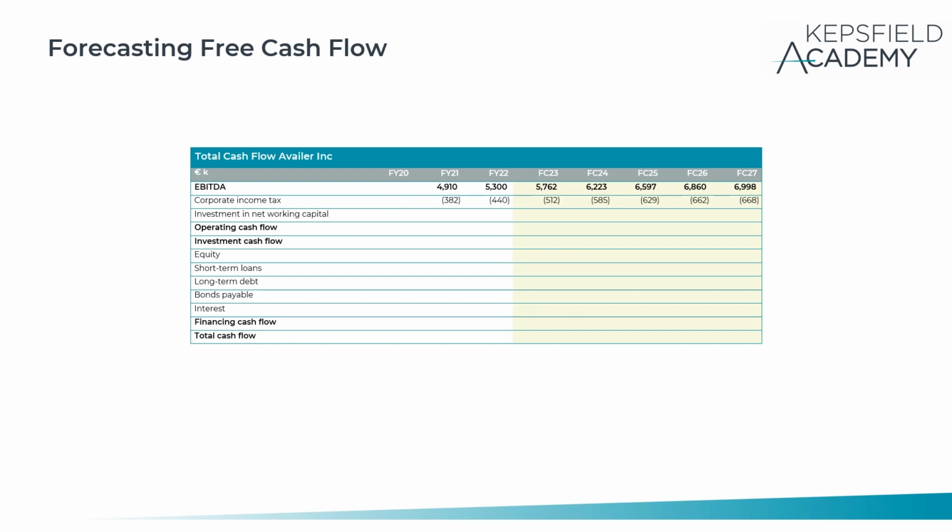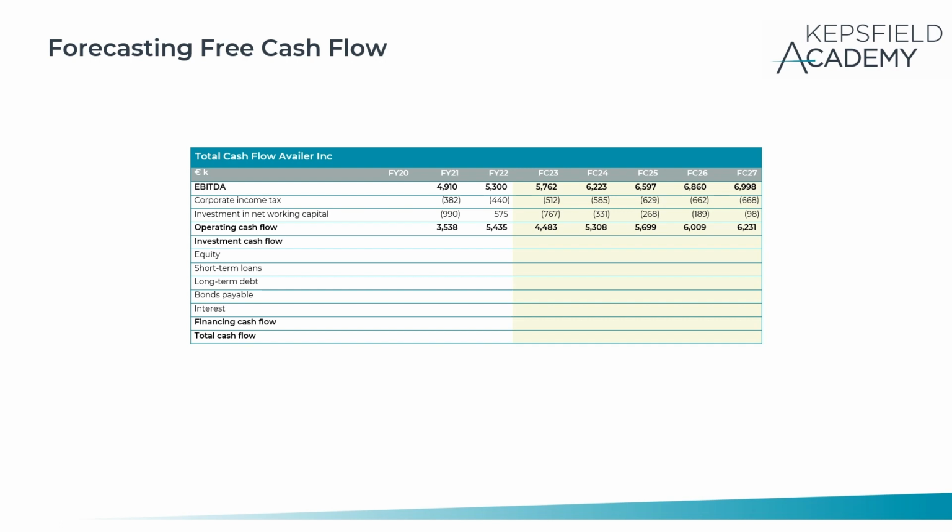Note that this is the actual income tax expense incurred by the company. We find this line directly from the income statement. Finally, we deduct the investment in working capital. An increase in net working capital leads to lower cash flow, and a decrease in net working capital leads to higher cash flow.